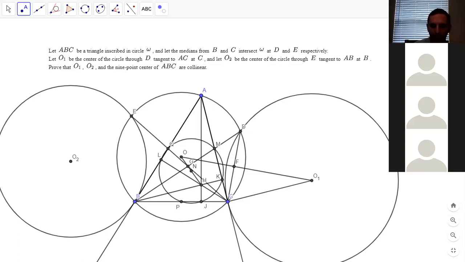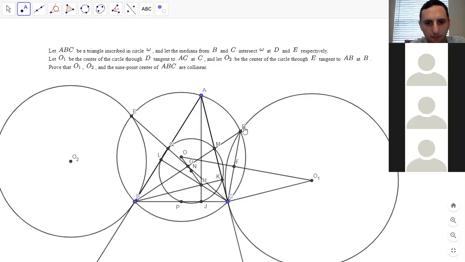Yeah, O1H, it's hard to find O1H. So what do we know about the orthocenter? This idea is kind of difficult to prove.